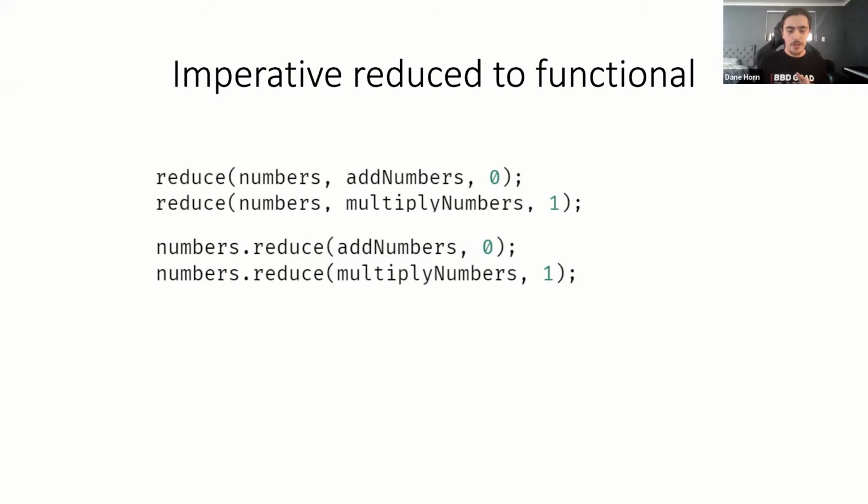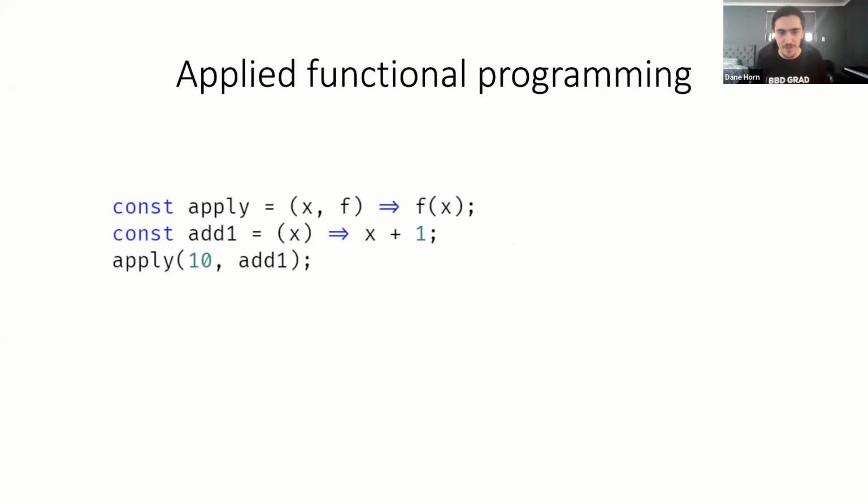Now, so that's the first core part of the talk I want to talk about. Now I'm going to get a little bit more into the functional world and go a little bit crazy with functions. So let's look at applied functional programming. Now apply, this function here, is actually very important in traditional functional programming. And it's actually very simple.